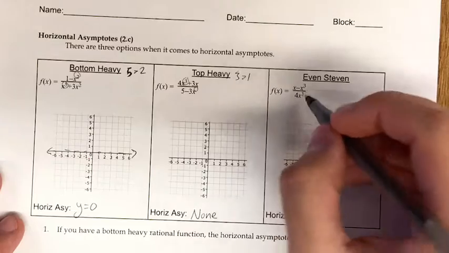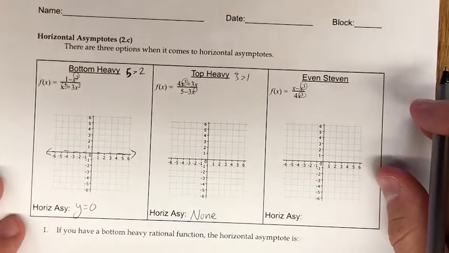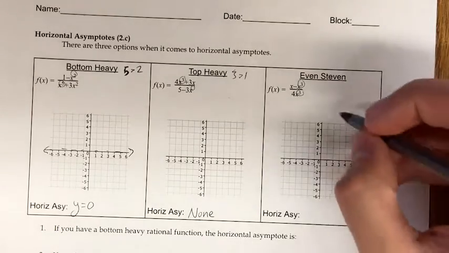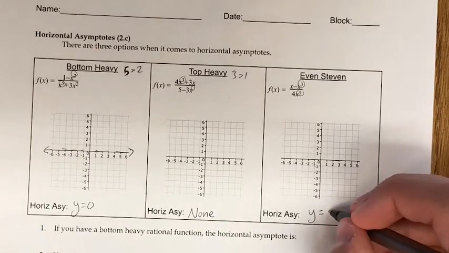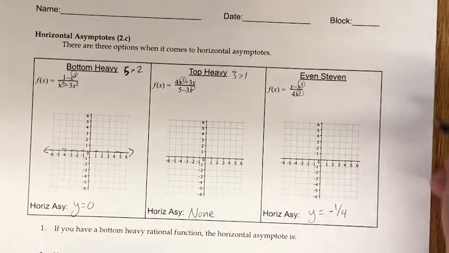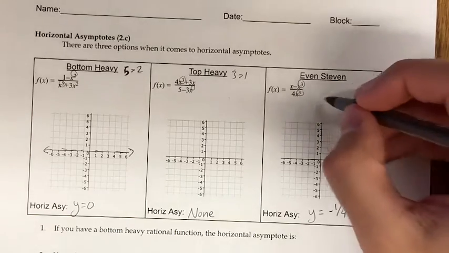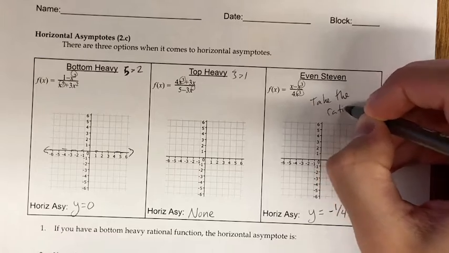When it is even-steven, meaning your degrees are the same on the top and bottom, the way that we find this asymptote, in this case it'd be -1/4, is you take the ratio of coefficients.